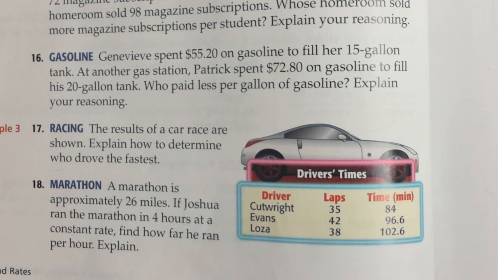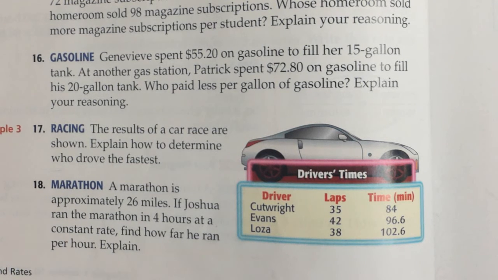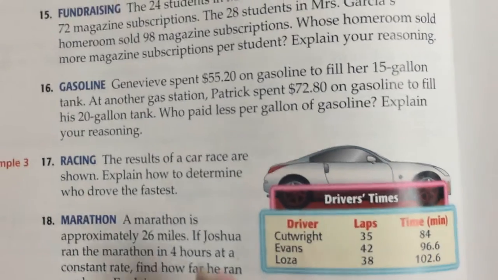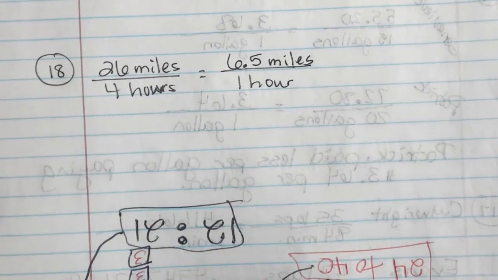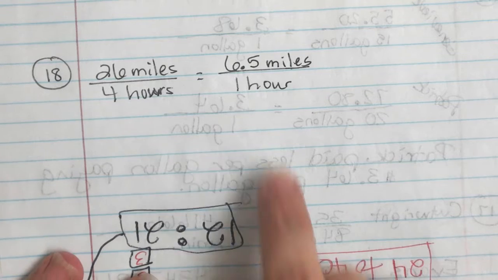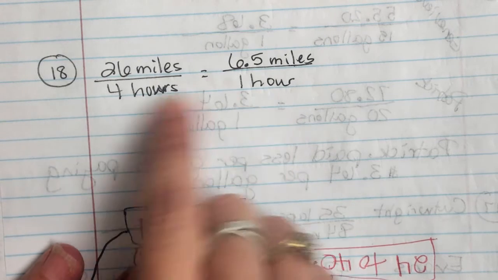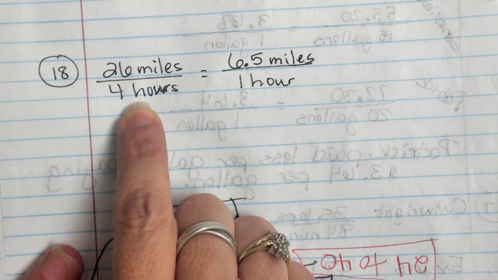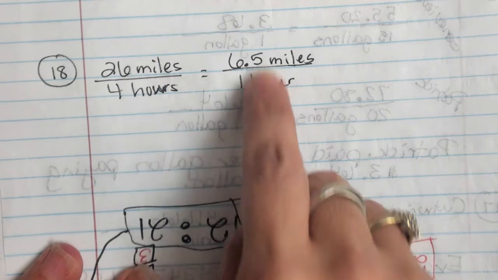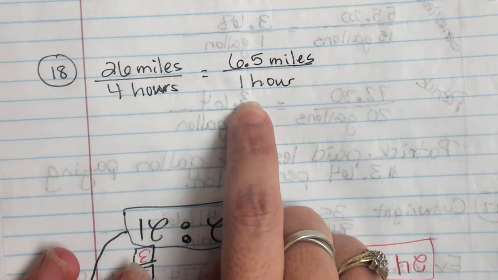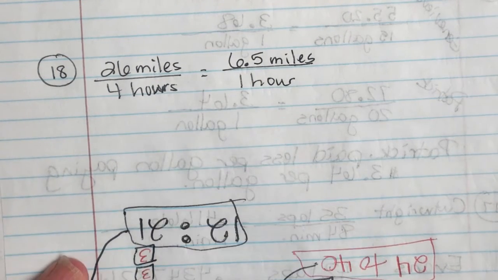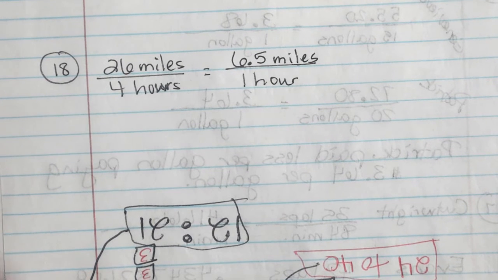That means they want hour on the bottom. I'm saying this because sometimes you got to pick what do they want one of. And it's not always just right there in front of you. So since I saw the 1 hour, I knew I needed hours on the bottom, set it up, figured it out. Okay? It's just sometimes you're going to have to slow down and figure out what do they want one of.